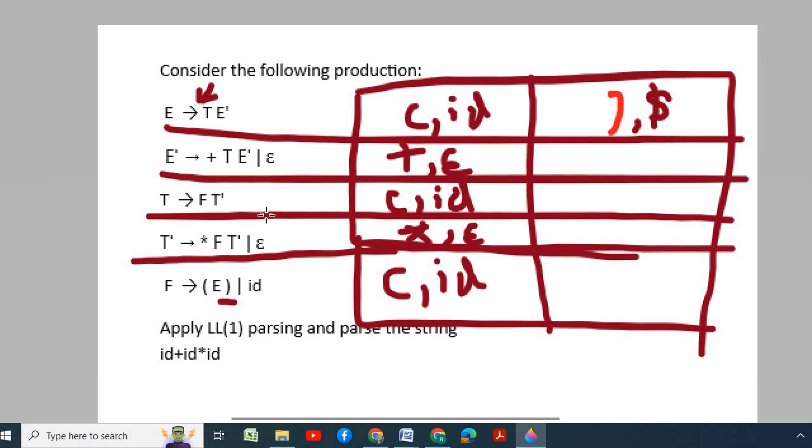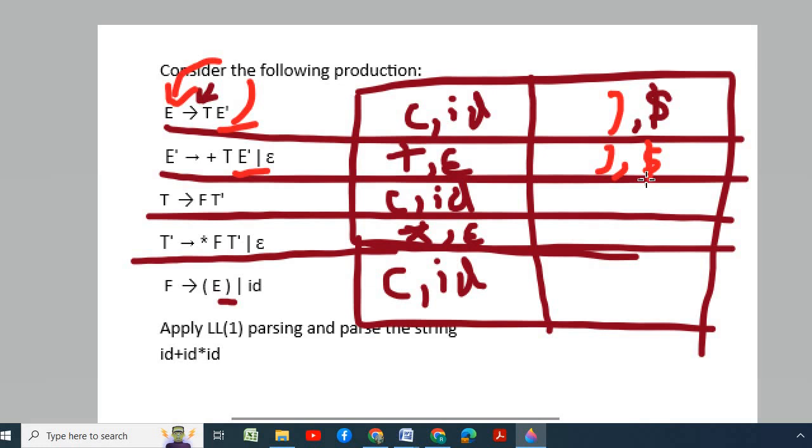When we come to E', there is no symbol after E' here, so we have to go to the production where this non-terminal appears, which is E. So the follow of E will be the answer for the follow of E' also. The follow of E we have already found.